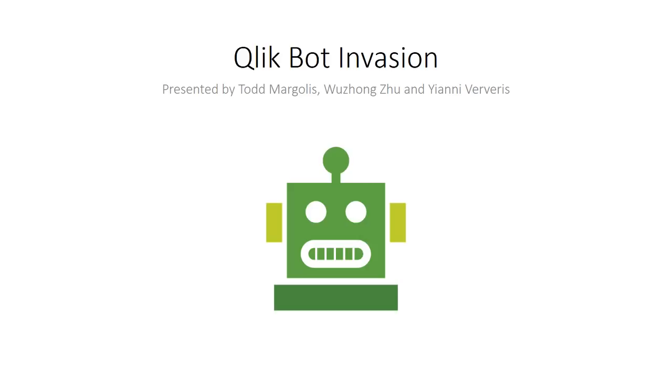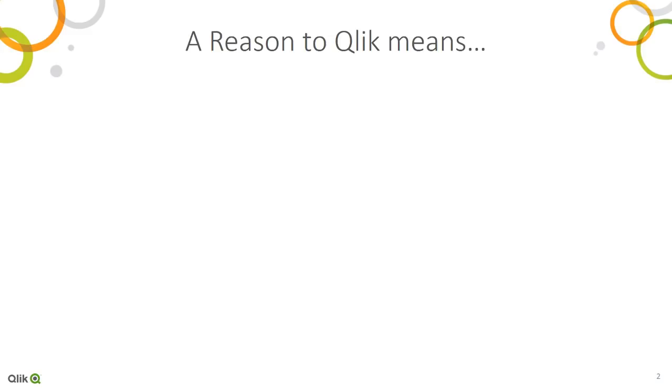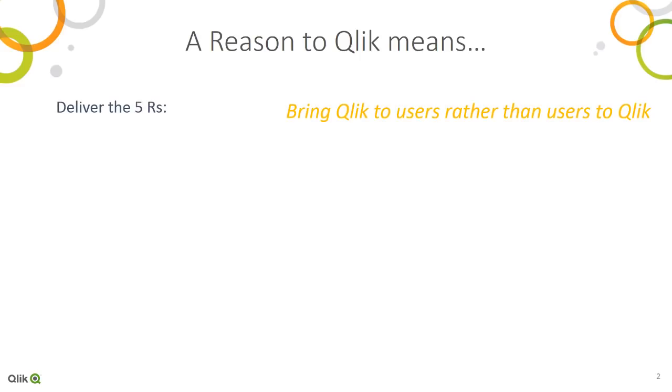First, I'd like to talk a little bit about some of the business value that we're trying to achieve with these Qlik bots. So first, I'm going to talk about the philosophy behind what we're working on in the Qlik collaboration area. I like to think of it as the 5 R's, and specifically delivering the 5 R's.